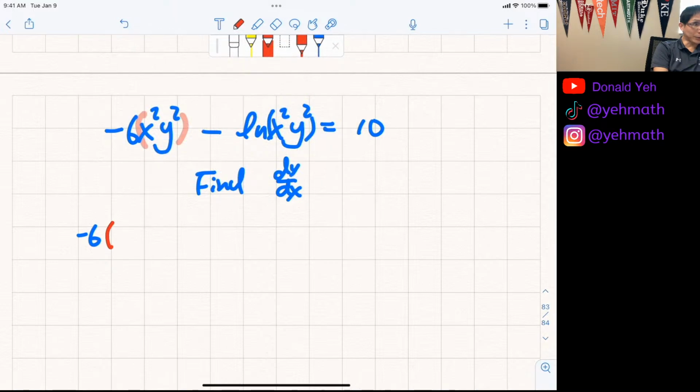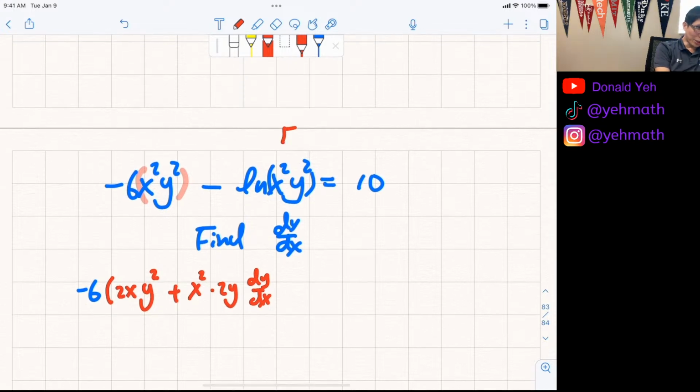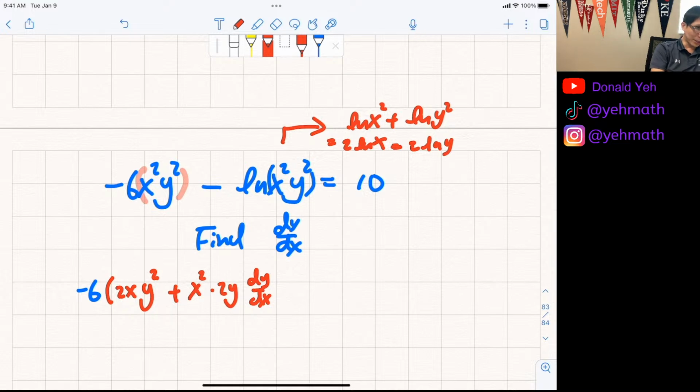I'm going to do a product rule with the implicit derivative: 2x y squared plus x squared times 2y dy/dx. And this I will change to ln of x squared plus ln of y squared, because that becomes add, and I'll change it to 2 ln of x plus 2 ln of y. Does that make sense? When I take a derivative, it's easier.